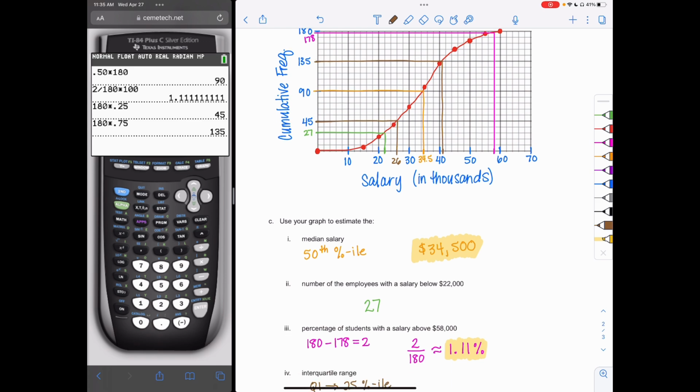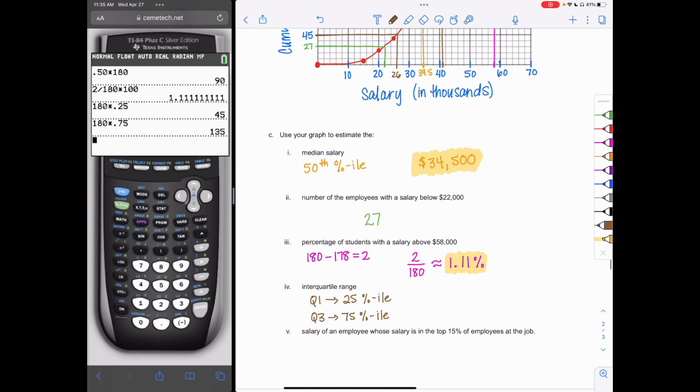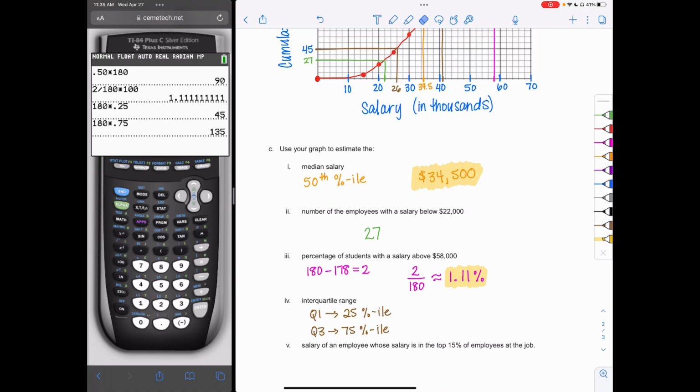So I'm going to say that that is approximately 41. All right. So I can basically say that my Q1 is going to be equal to 26,000, and my Q3 is going to be equal to about 41,000.